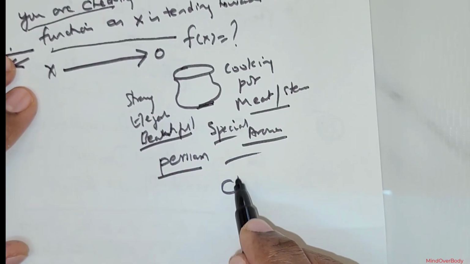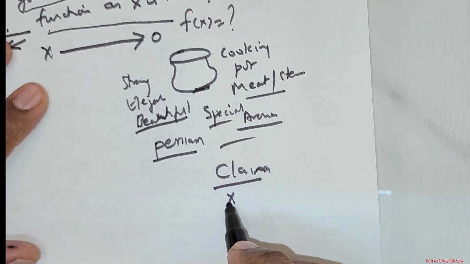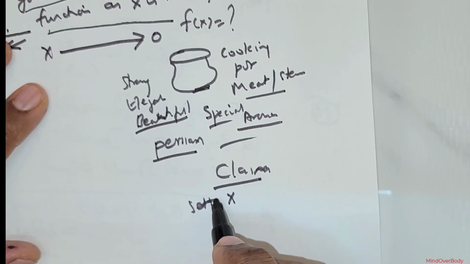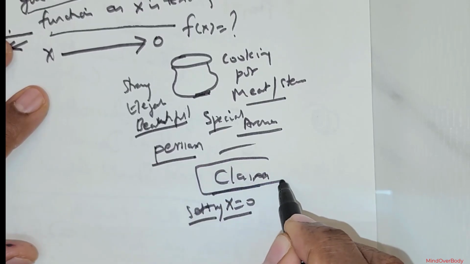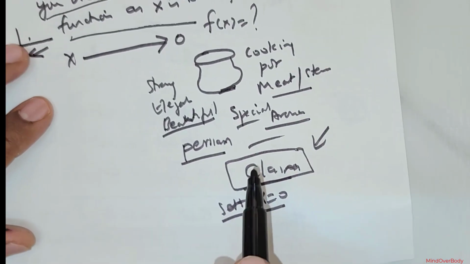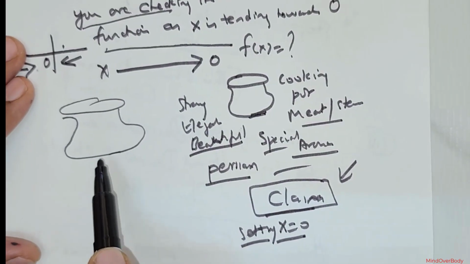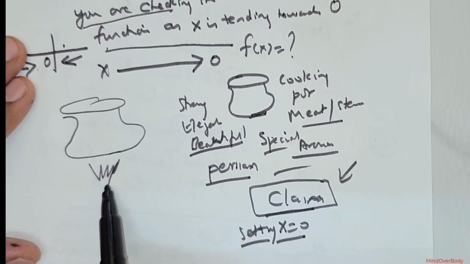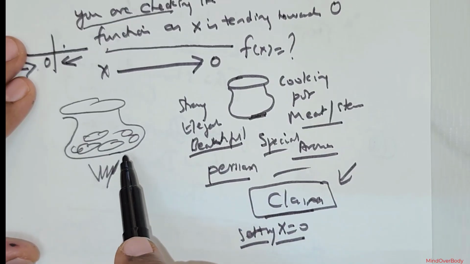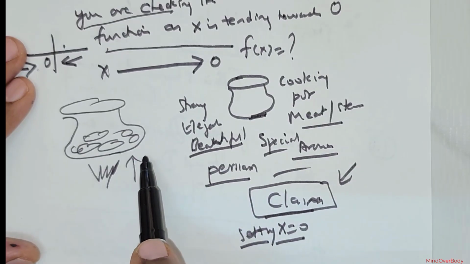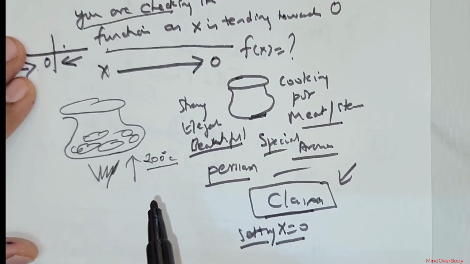So this is your claim. These are your claims. That means this is what you are setting the value. You are setting the value of say x is equal to 0 and you are getting this value. This is your claim. But somebody is putting the pot on fire, right, with the meat, and the temperature is moving, say 200 degrees centigrade.